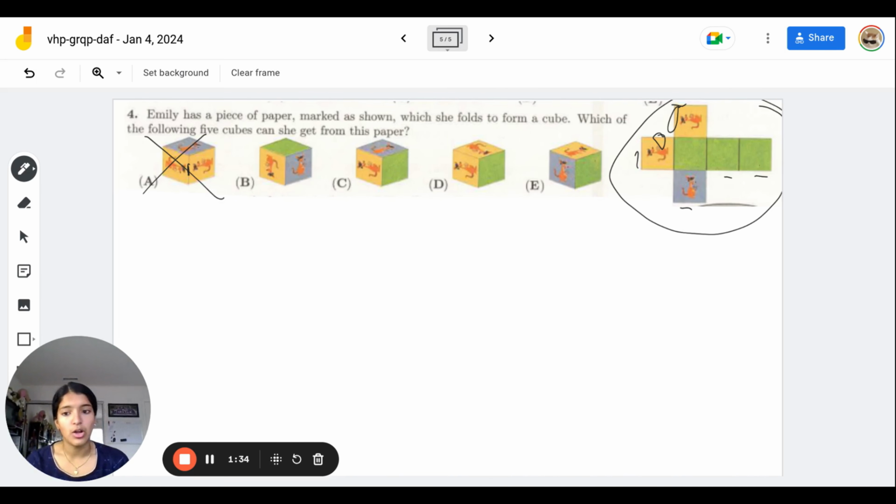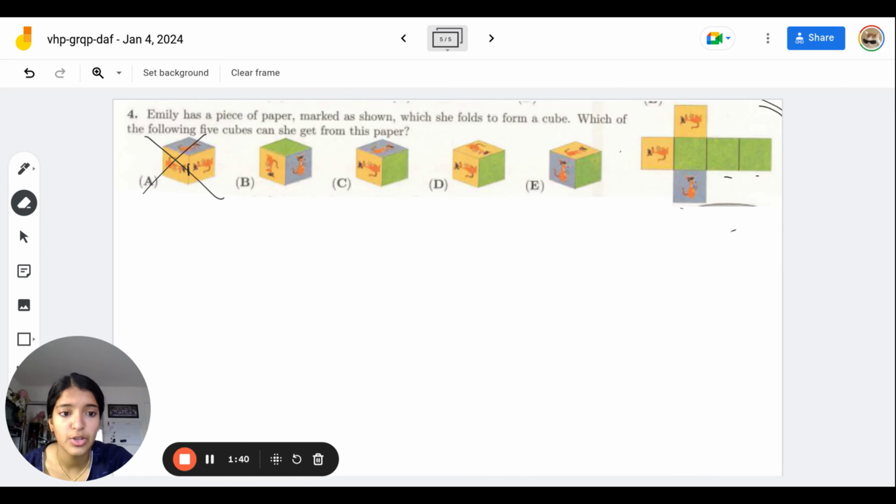Next we're going to go on to B. So for B, we see that there is a blue kangaroo cube and a yellow kangaroo cube right next to each other. So for this one, we have the tail of the blue kangaroo adjacent to the tail of the yellow kangaroo. But when you really visualize it and when they fold it up, the yellow kangaroo and the blue kangaroo will be kind of like flipped upside down.